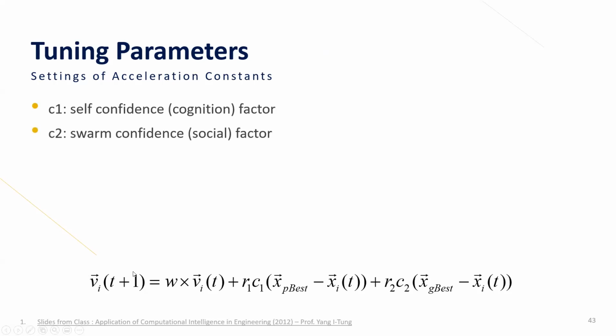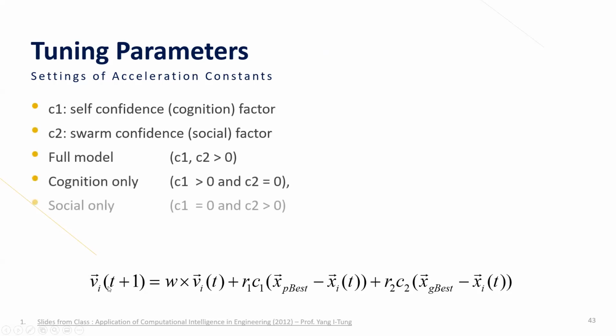About the acceleration constants, I already explained earlier. We discussed W, the initial weight. The standard PSO normally has two types of acceleration constant.